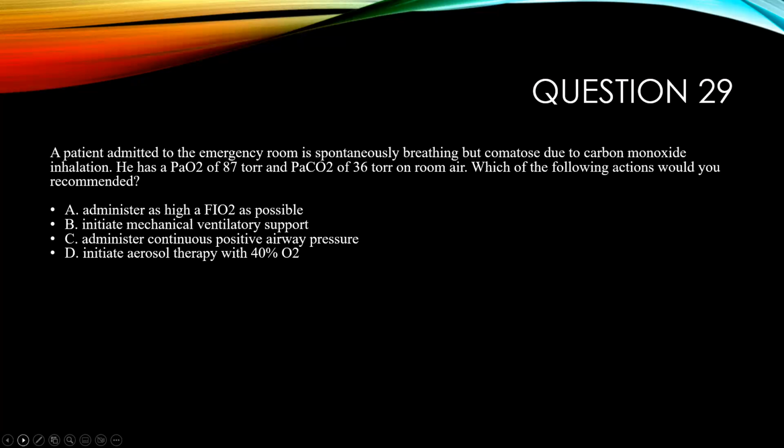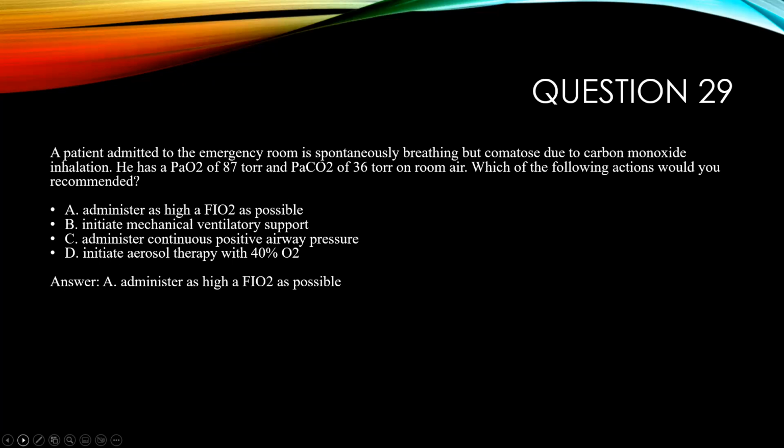And a PaCO2 of 36 torr, or millimeters of mercury, on room air. Which of the following actions would you recommend? A, administer as high FiO2 as possible. B, initiate mechanical ventilatory support. C, administer continuous positive airway pressure. And D, initiate aerosol therapy with 40% O2.